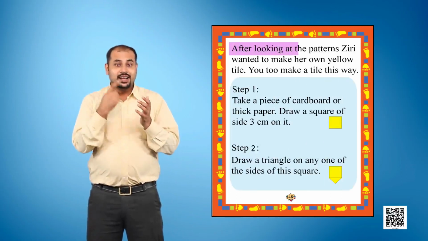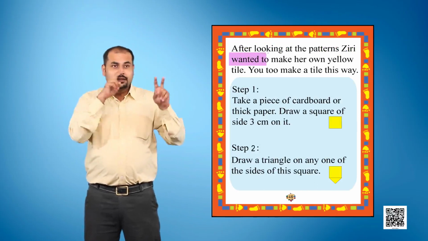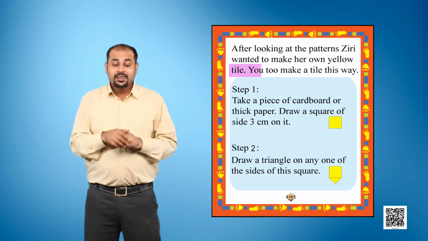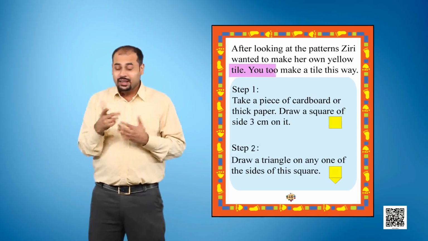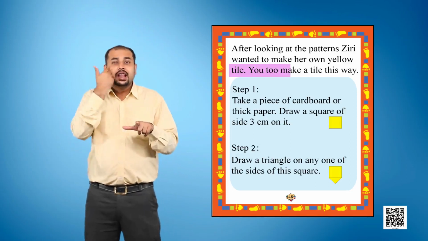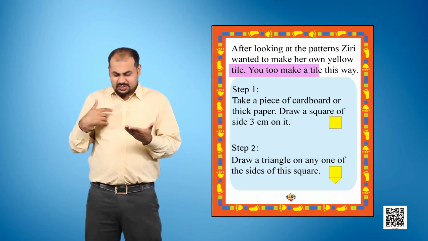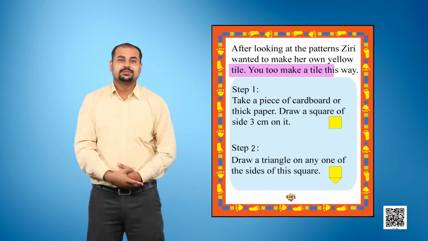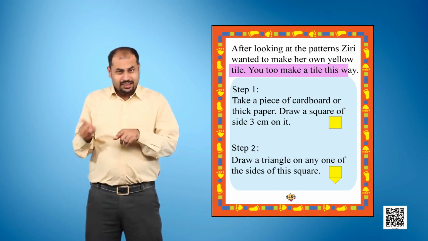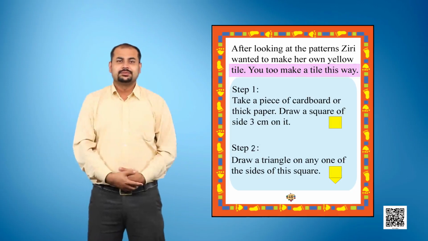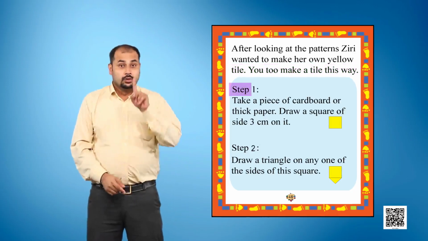After looking at the patterns, Ch-3 wanted to make her own yellow tile. You too make a tile this way. Step 1.